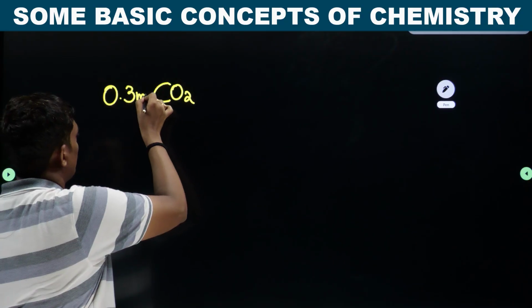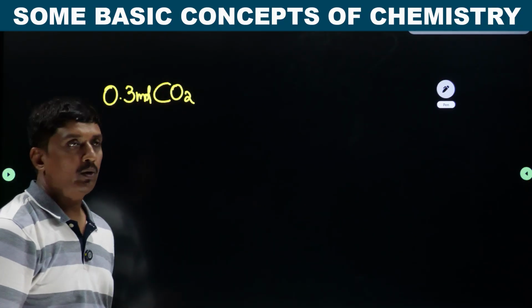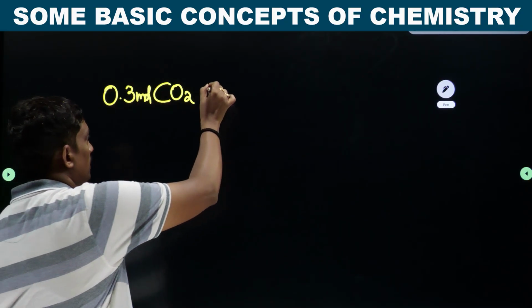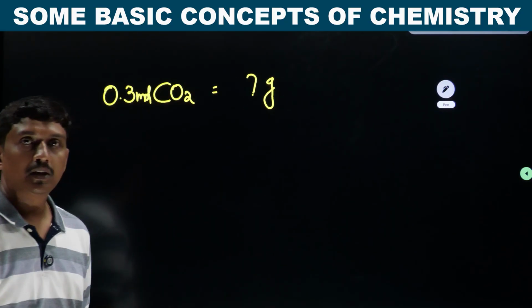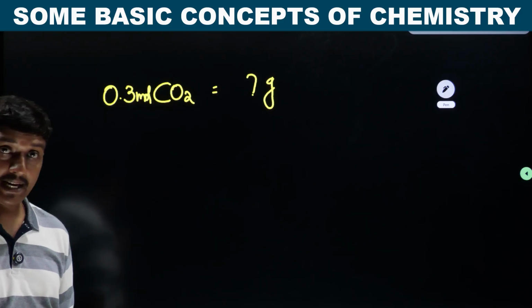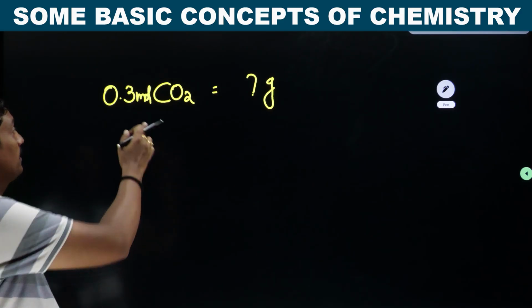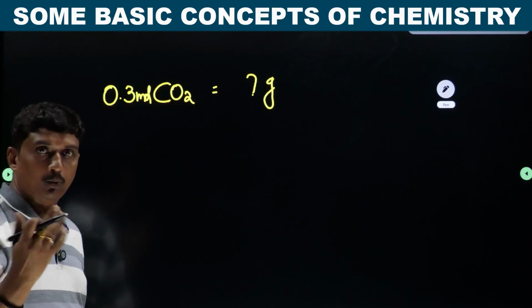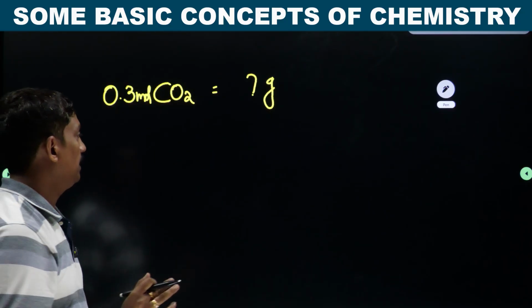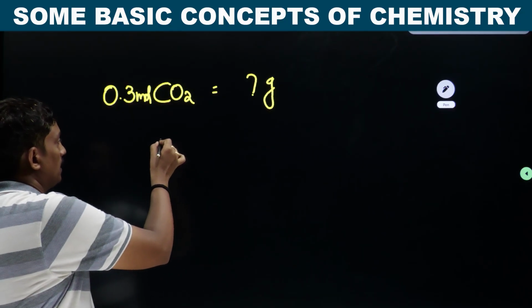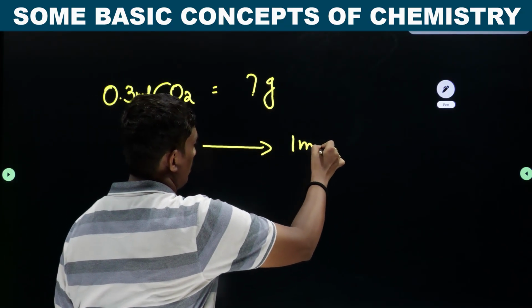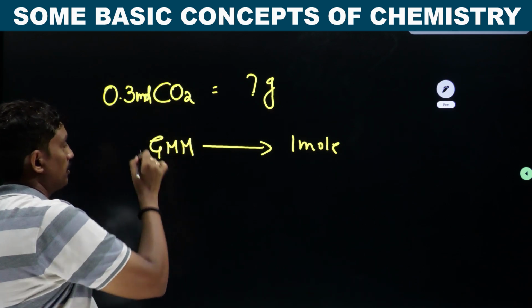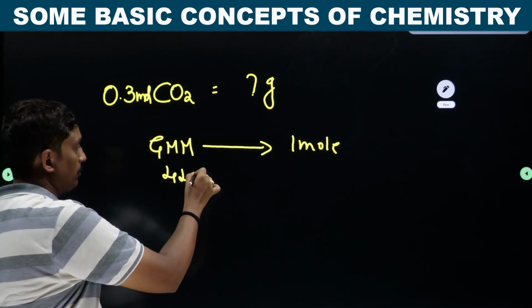0.3 moles. 0.3 moles of carbon dioxide is equal to how many grams? Or how many grams of carbon dioxide make 0.3 moles? Both are the same. Take the standard: gram molecular mass is equal to 1 mole. What is the gram molecular mass of carbon dioxide? 44 grams.